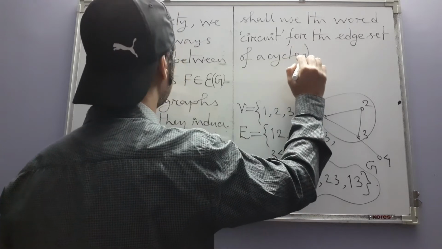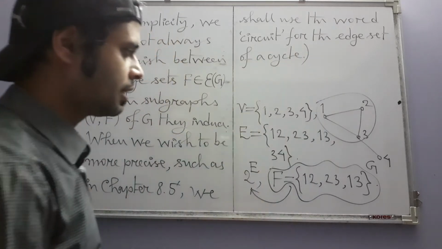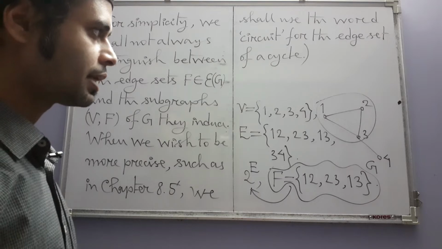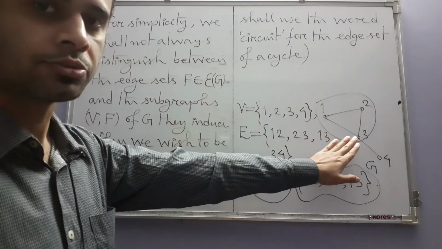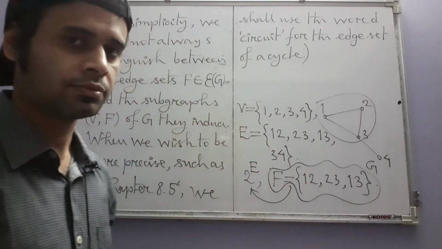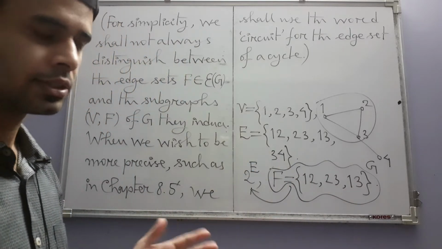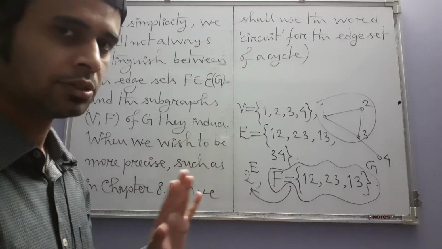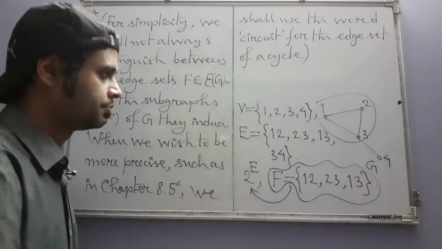That means if we really want to be very precise, we would say that the cycle is 1, 2, 3 and its circuit is this F. That's how we are going to make the distinction whenever we do want to make a distinction.